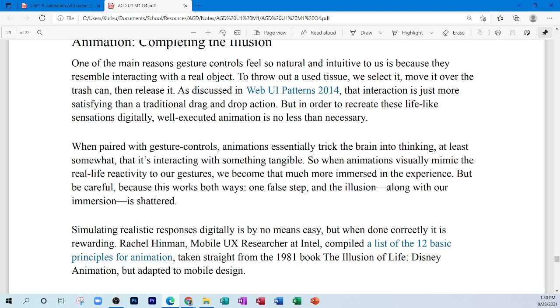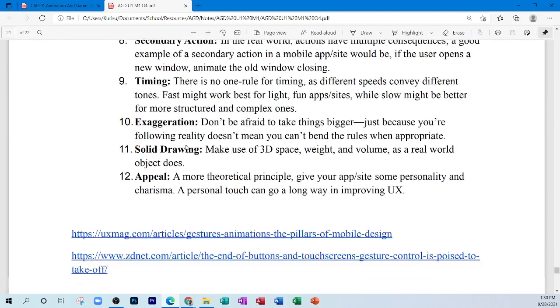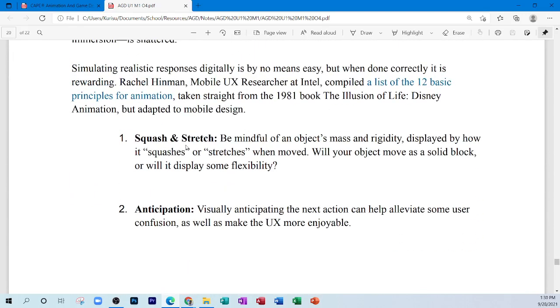So that is why this person looked at Disney's methods of animation, and these are the 12 methods of gesturing that would seem realistic to us. So that if we carry out these actions, it matches what happens in a real world scenario. And if it happens this way in an animation or a game, we can perceive it as being real and it's going to be more enjoyable.